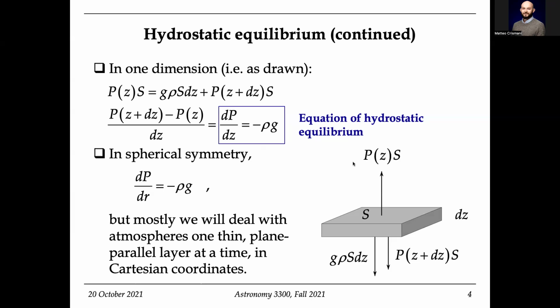So what does this mean? Okay, let's look at this object. Here is f of x, here's x. Here is the location x, f of x at x. Here is the location x plus dx, and here is f of x plus dx. What is the slope?